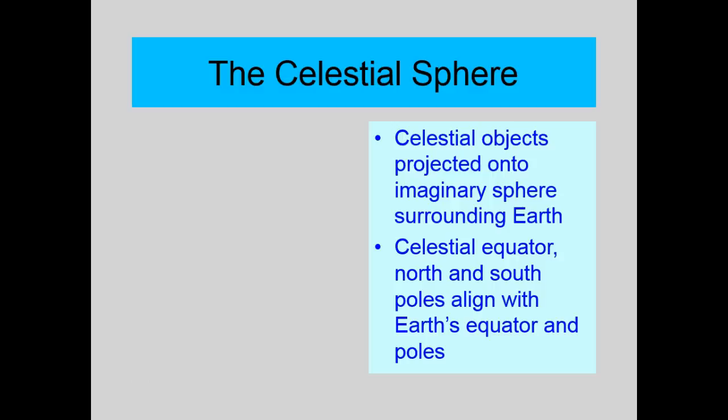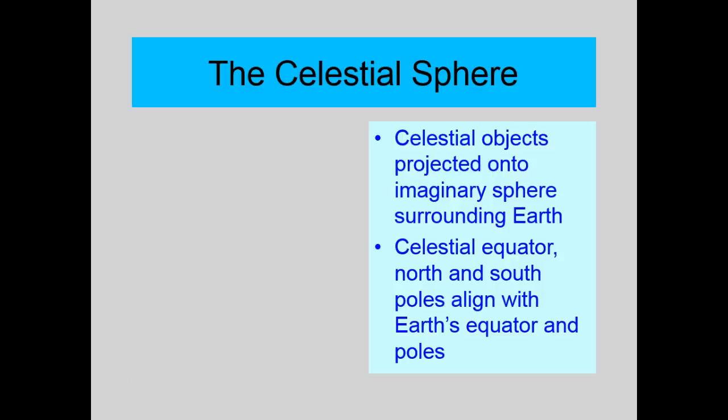It started at the horizons and made its way to the top. So they considered it the celestial sphere. So the various objects on there, the moon, the planets, the stars and things, they were projected onto that sphere.